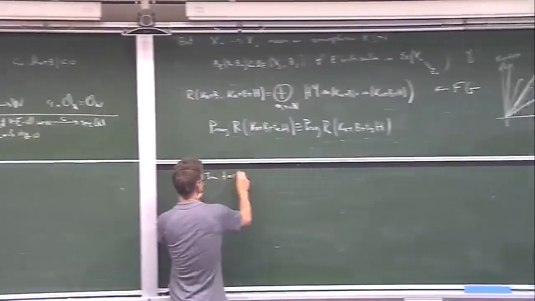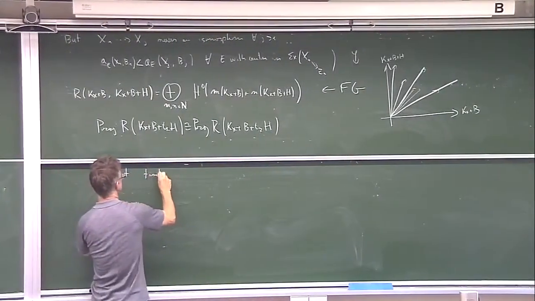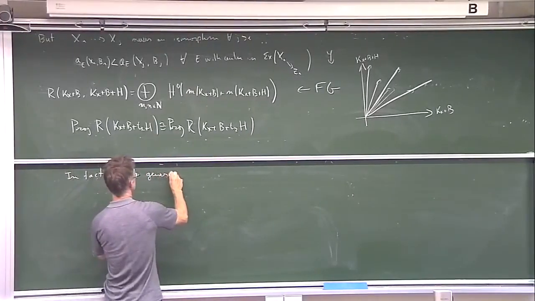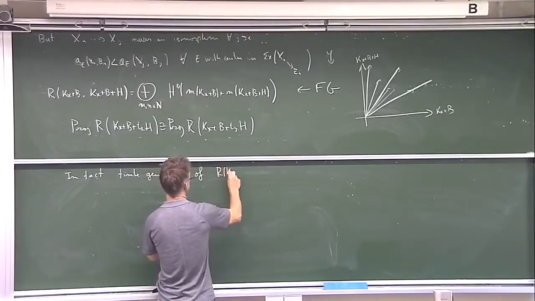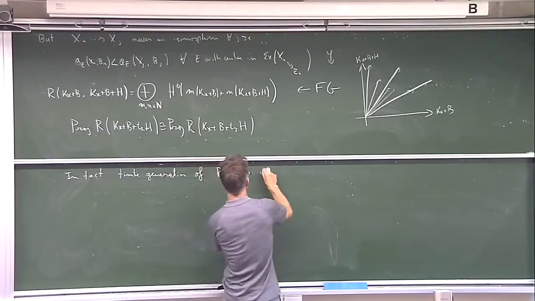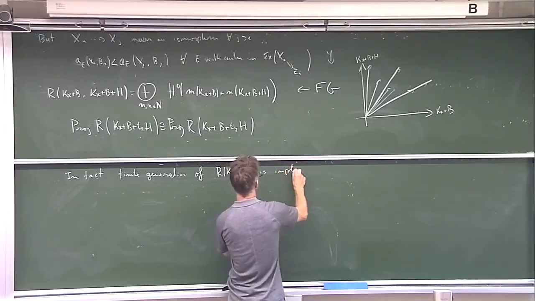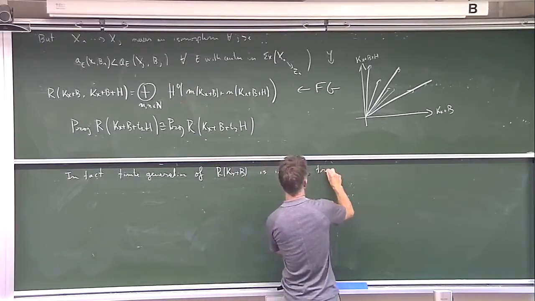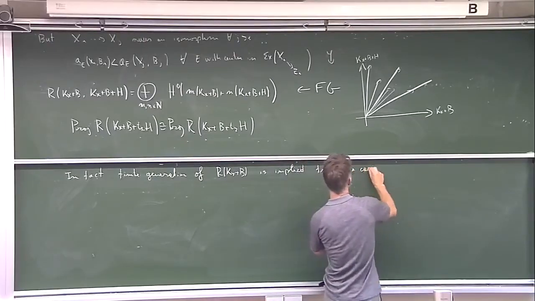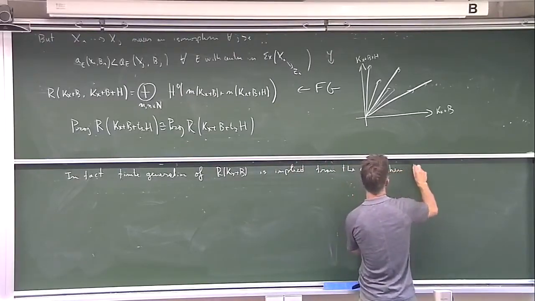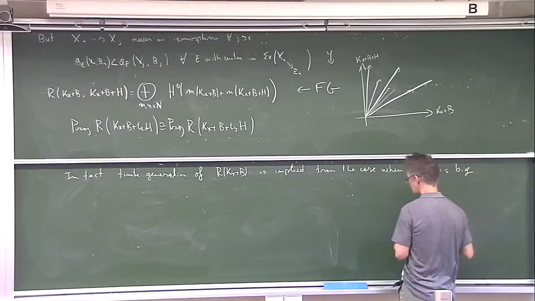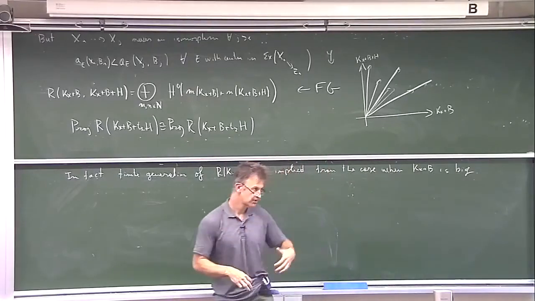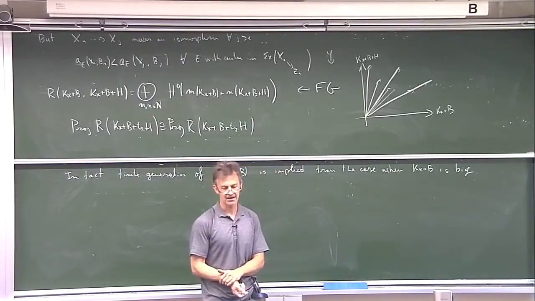In fact, finite generation of the ring corresponding to K_X plus B is implied from the case when K_X plus B is big. So really, we prove this theorem in the case when K_X plus B is big, and then we use the work of Fujino-Mori to deduce it in general.